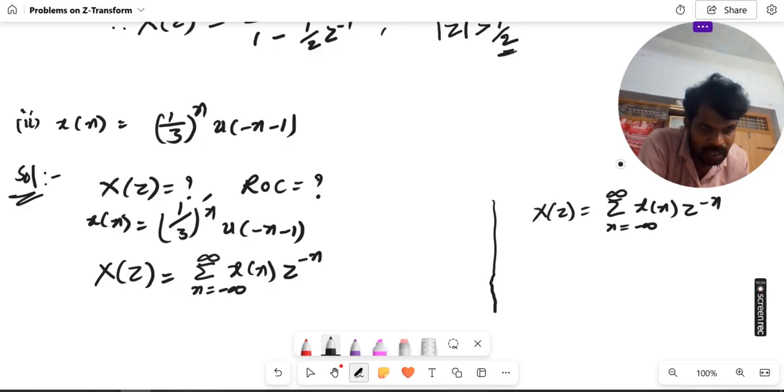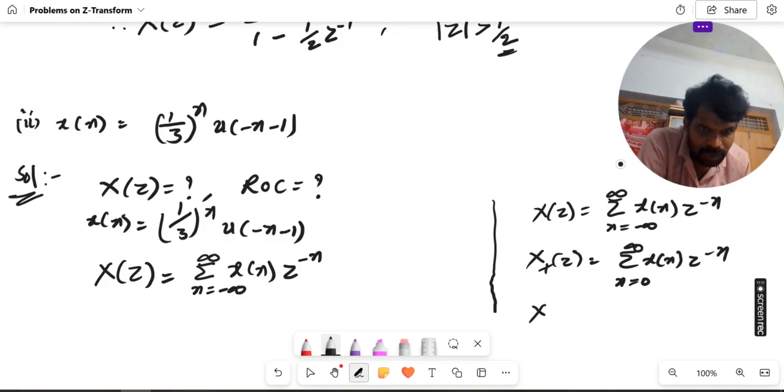Here we have three valid Z transforms, based on the range of n. The first one is the two-sided sequence, and a single-sided sequence x plus of z, which is equal to summation n is equal to 0 to infinity x of n into z to the power of minus n.